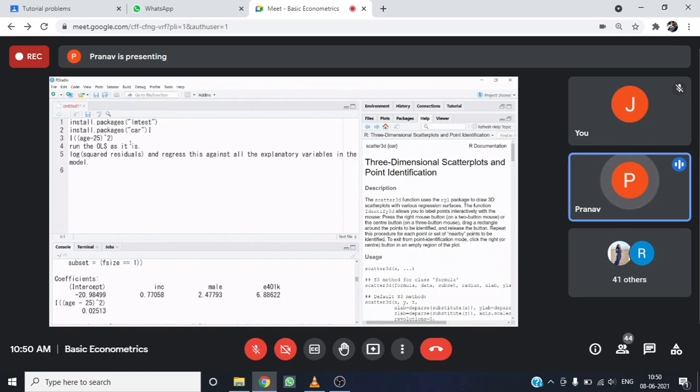So either you can do this or you can regress this log of squared residuals against the fitted values, which we did in the White test. Now the estimated log of u hat squared, its inverse can be treated as weight in the weighted least squares regression. So please do this and just see if anything changes in this particular example.